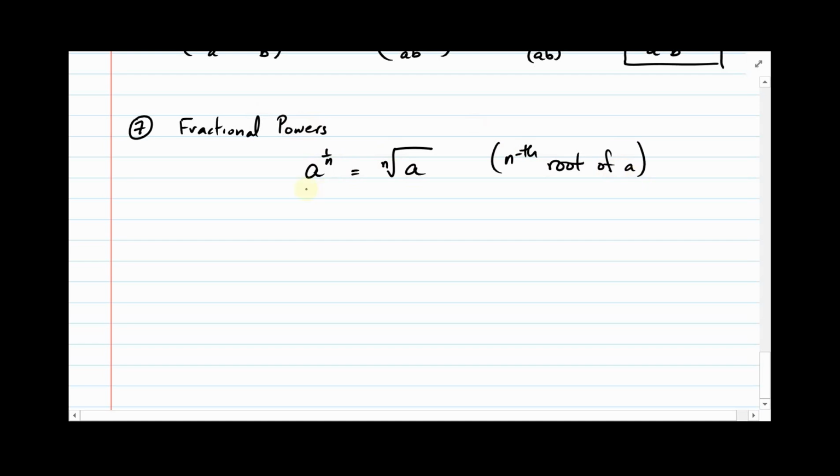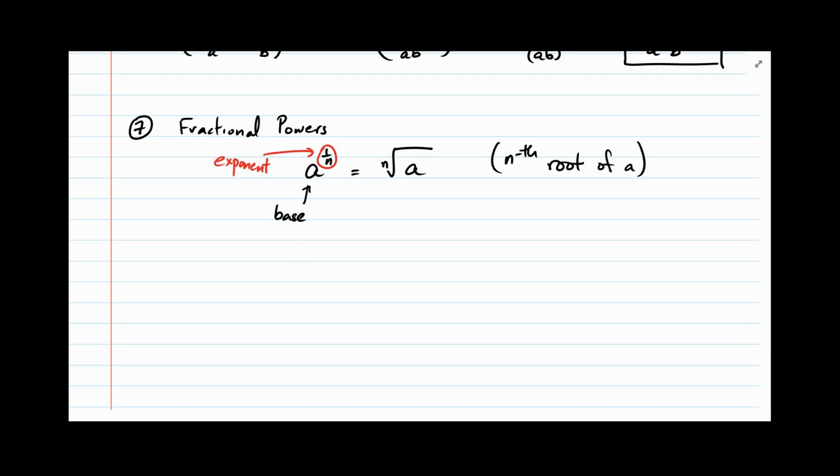As we mentioned before, we call this the base on this side, and here is the exponent. When we are referring to these roots, we have a little bit of a different name.